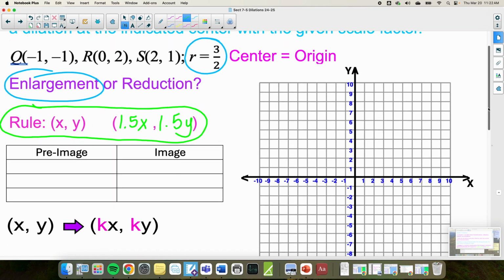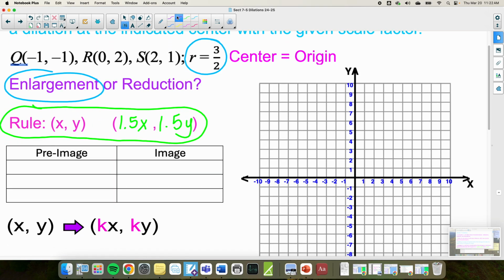Then I'm going to copy down those points. So I use the Q, -1, -1, R is 0, 2, S is 2, 1. And then I have a new image for Q prime, R prime, and S prime. And what I'm going to do in each of those is multiply by 1.5, okay, for every one of my coordinates.